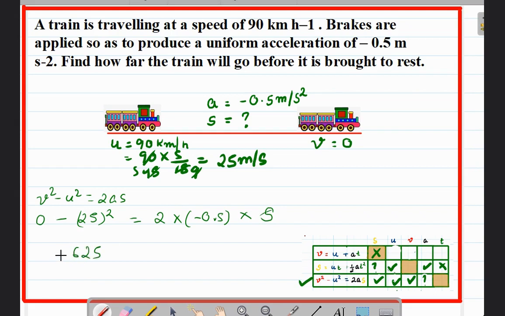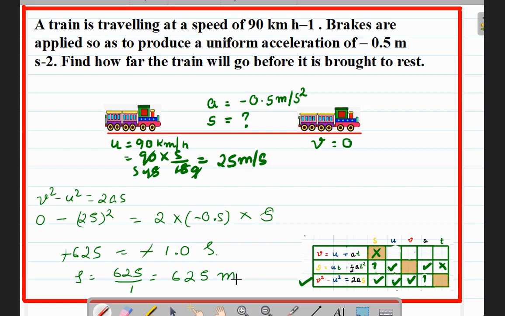So it is 625 minus, and here I will get minus 1.0 S. So minus minus is cancelled. So S is 625 by 1, which is 625 only. So my distance covered by the body before coming to rest is 625 meter.